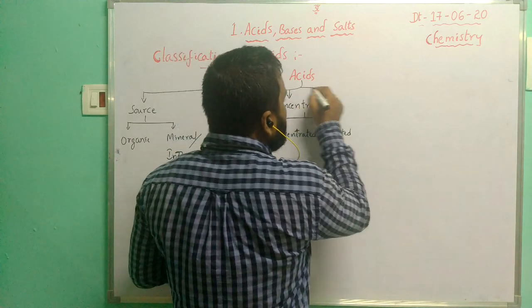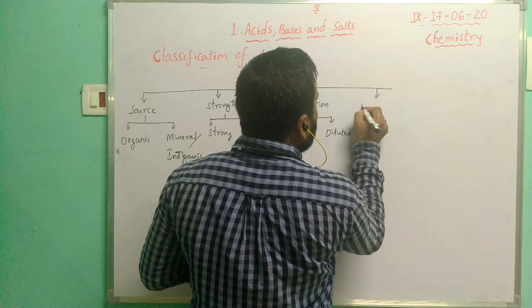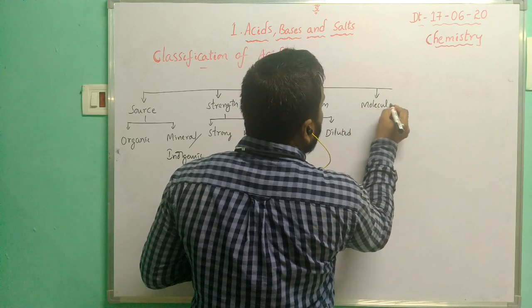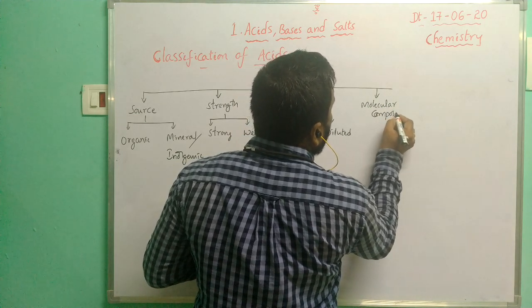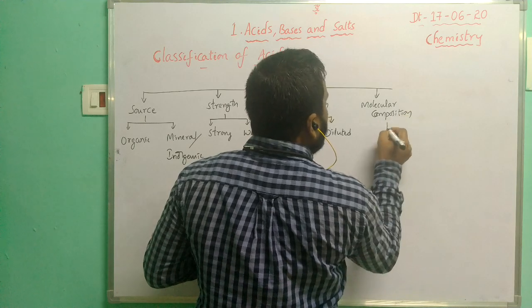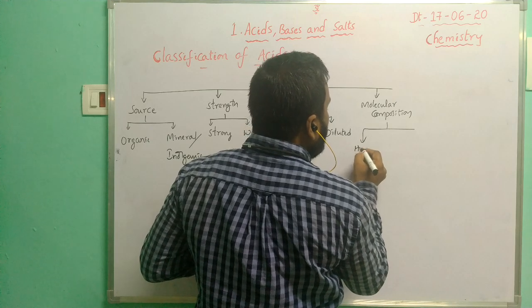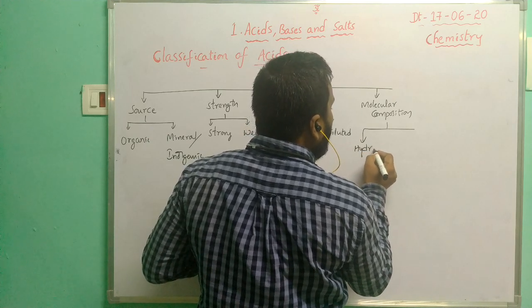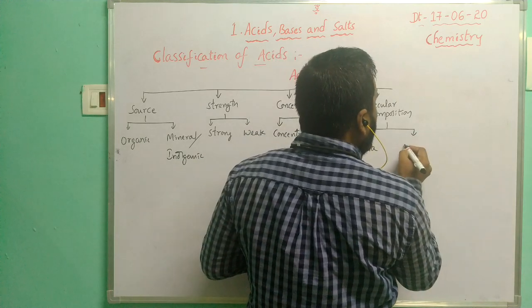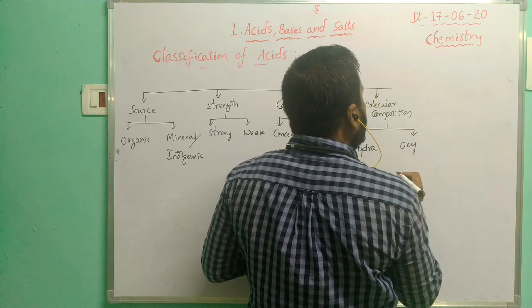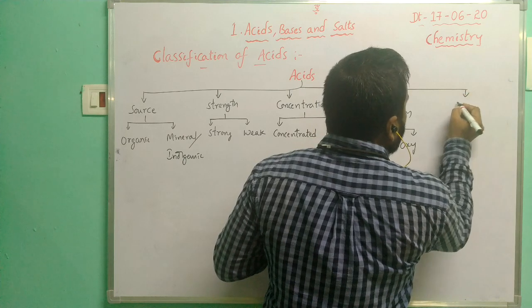And acids are classified into two types based upon the molecular composition: hydro acids and oxy acids.